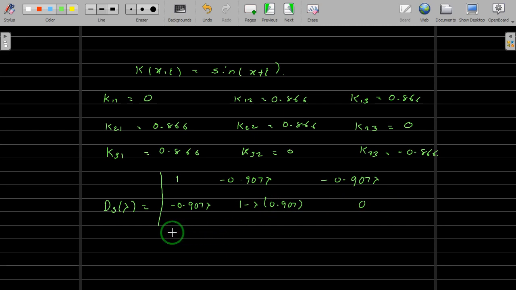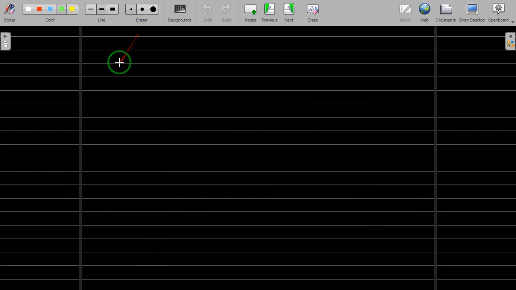Then minus 0.907 again lambda. This is 0 and this is minus minus plus, so 1 plus lambda into 0.907 and determinant value. We can evaluate this determinant, and you want to find the approximate eigenvalues. We put that Dn of lambda, that is D3 of lambda equals 0.